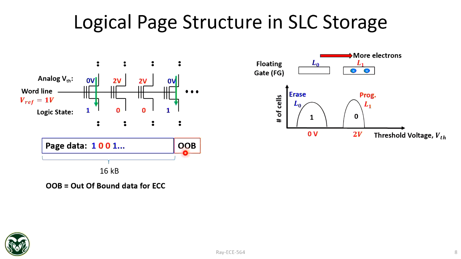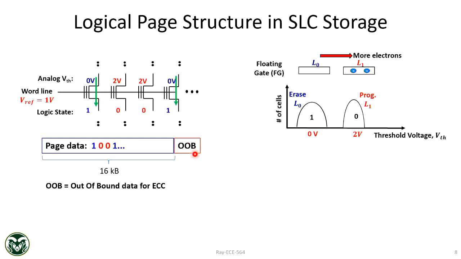LDPC code, BCH code, there are several codes which can correct some percentage of bits, but it is still quite low, around 0.1%. That means 1 bit out of 1,000 you can correct. If you keep the code word long, then you are killing the density again, because every page is 16 kilobyte, and at least 2 kilobyte is reserved for the code word.